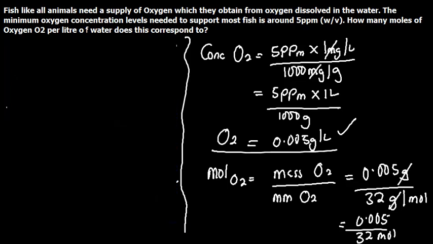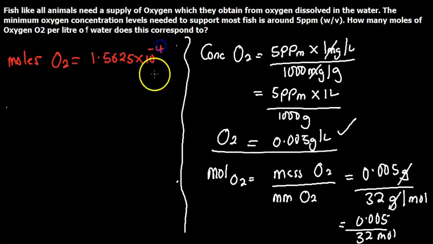If you divide 0.005 by 32, this is simply going to be 1.5625 times 10 to the negative 4. Therefore, the moles of oxygen is simply going to be 1.5625 times 10 to the negative 4, and the unit is going to be moles per liter.